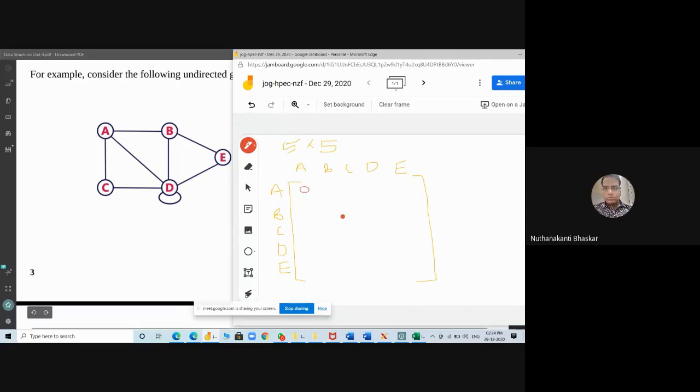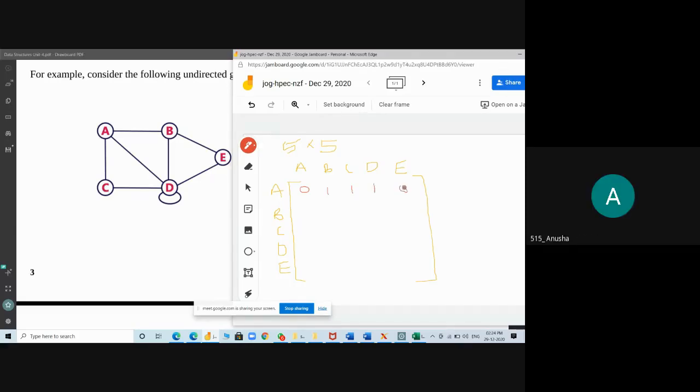Now A to B. Is there any adjacency from A to B? Yes. If it is yes, what is the representation? 1. Very good. Now next, A to C: 1. A to D: 1. A to E: 0.